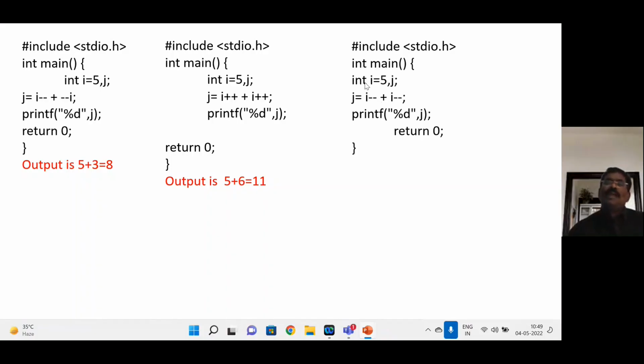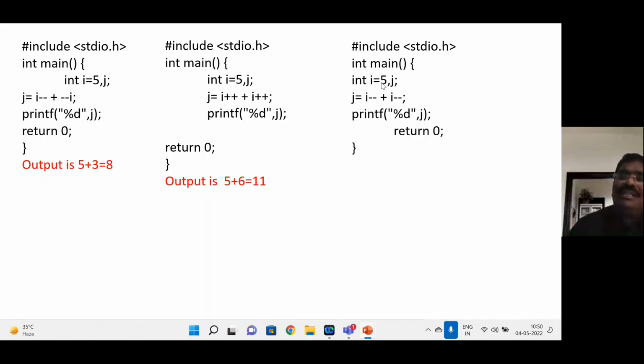And the next program: #include <stdio.h>, int main, int i is equal to 5, j is equal to i-- + i--. So both are post-decremented. Then what is the output? Post-decrement means in the expression, the evaluation should be from left to right, but in the printf statement, evaluation should be from right to left.